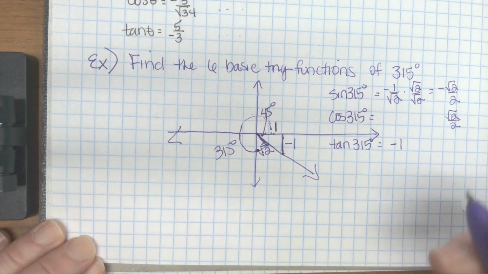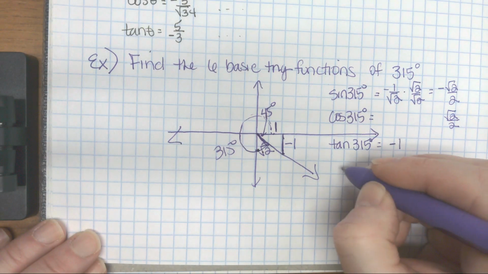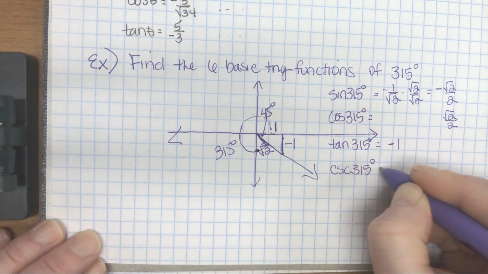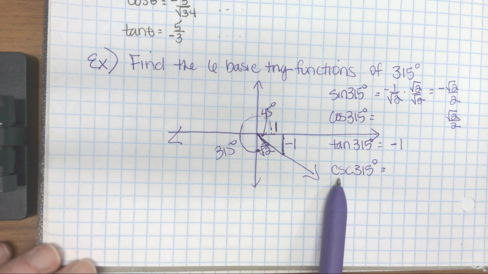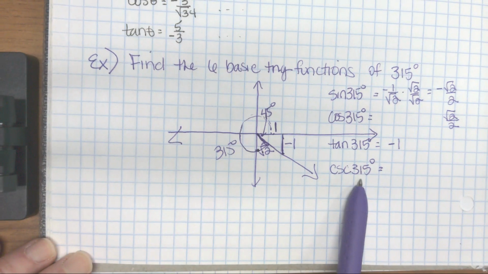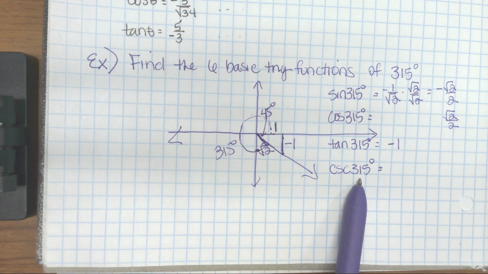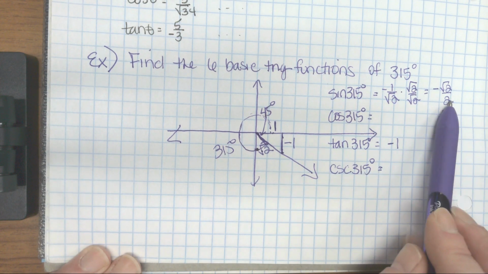All right. Just so we're clear on this, because I had some people doing this wrong the other day, when we're doing reciprocal functions, we're not taking the reciprocal of the angle. Like if it's pi over 3, we're not making it 3 over pi. If this was pi over 4, I wouldn't make it 4 over pi. You're taking the reciprocal of the sine.